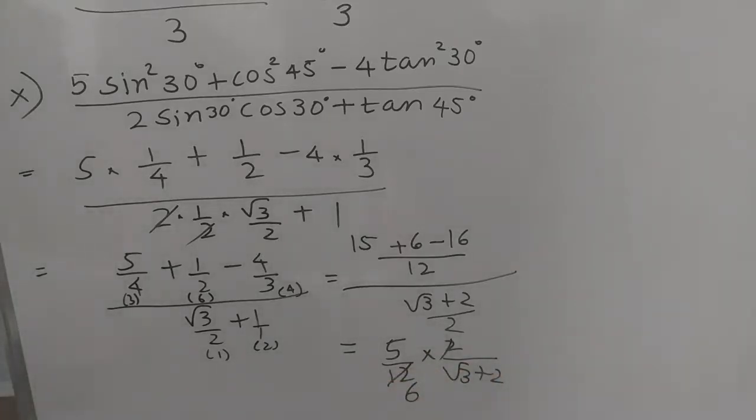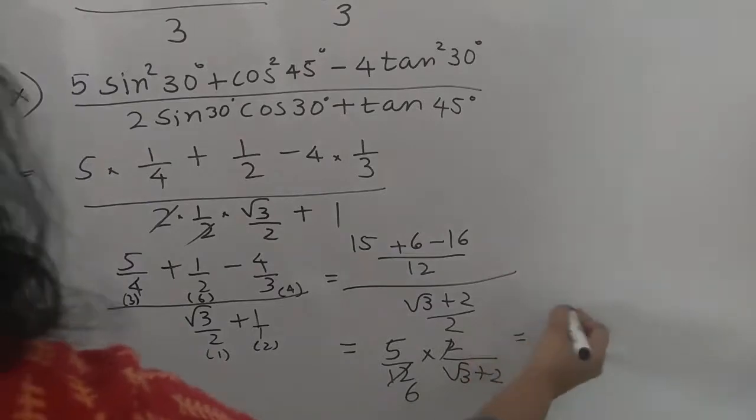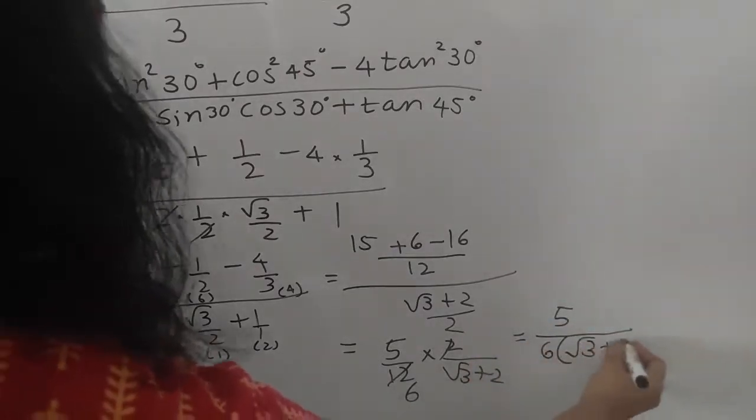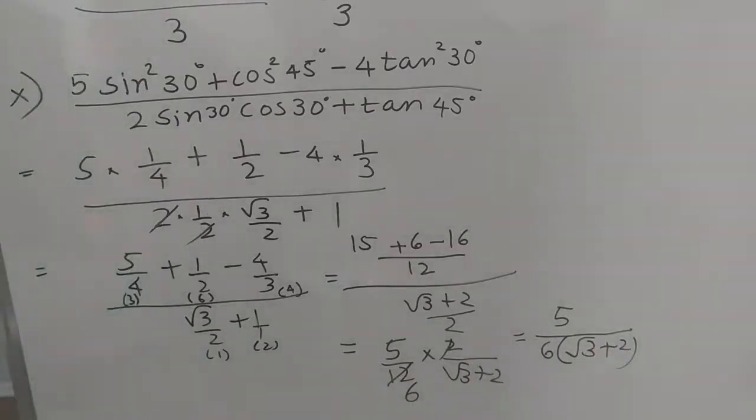So the final answer we get for question number 10 is 5 upon 6 times root 3 plus 2. This way we get our final answer of question number 10 of this find the value type of question.